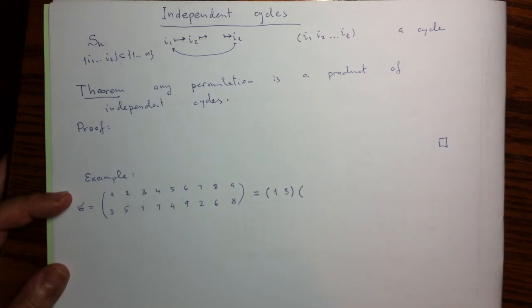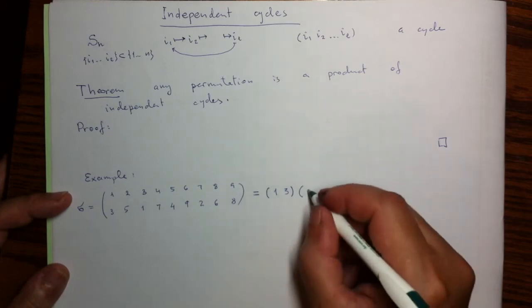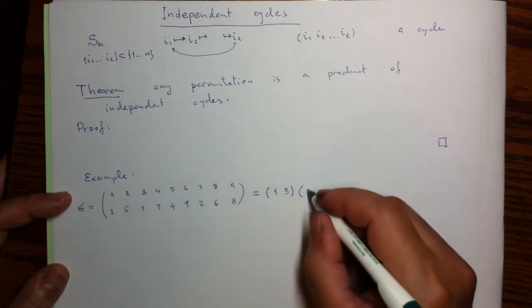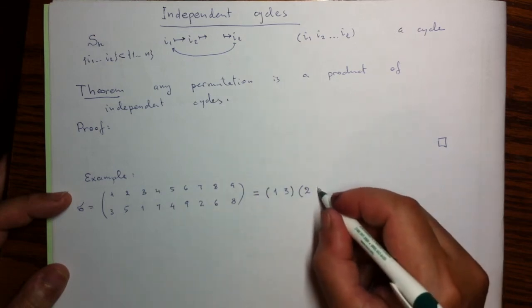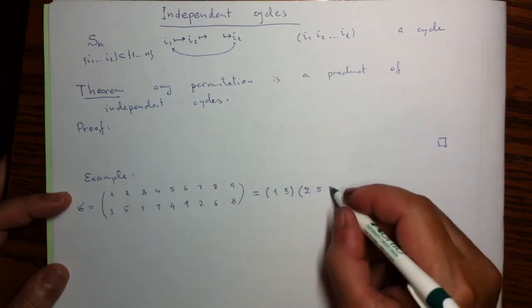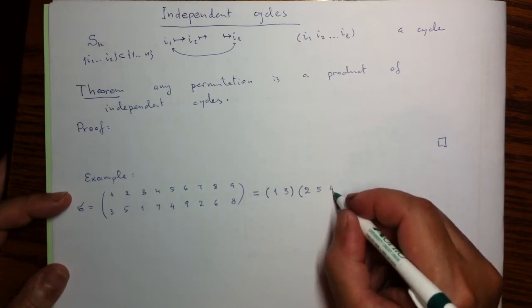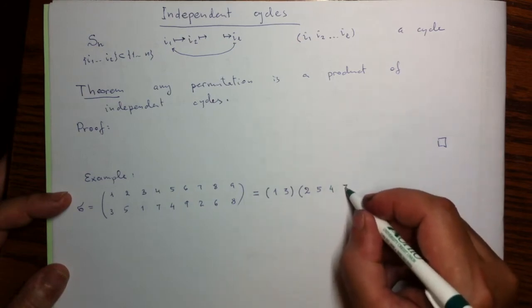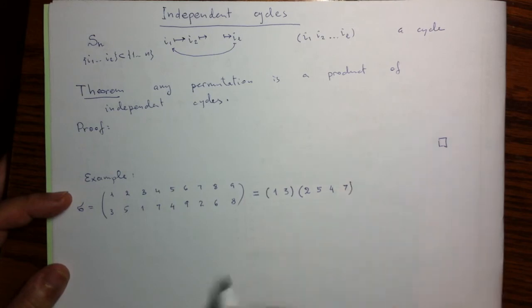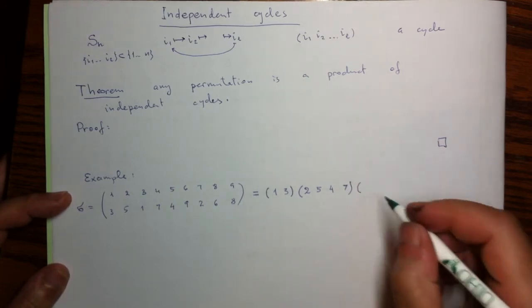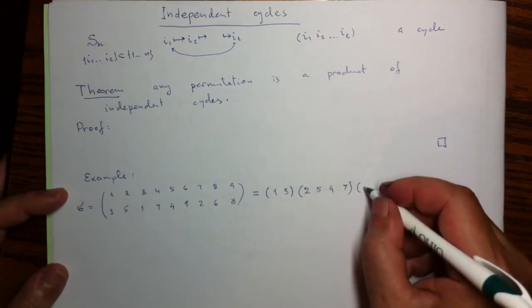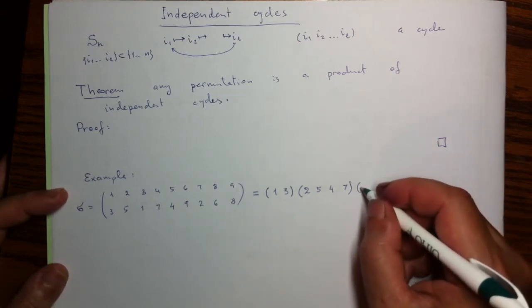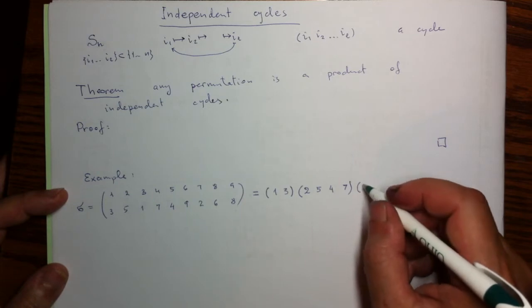Let's then open the next cycle, which will start with the first thing which is not already recorded. So 2 goes into 5, 5 is sent into 4, 4 into 7, 7 back into 2, close the cycle. Now the cycle has length 4. And we continue, again starting with the first thing which is not already in cycles.